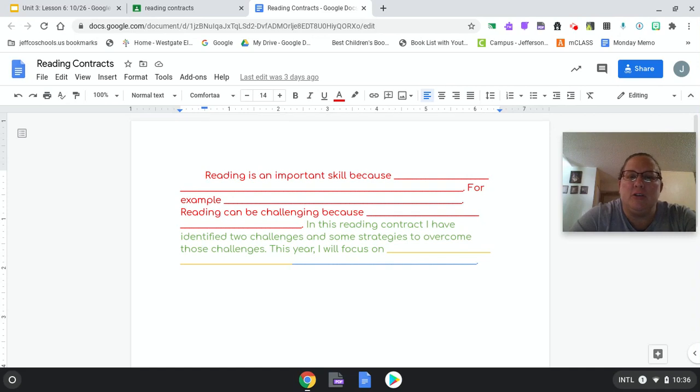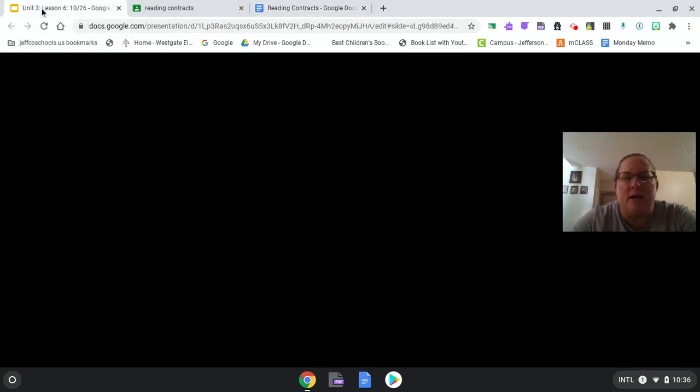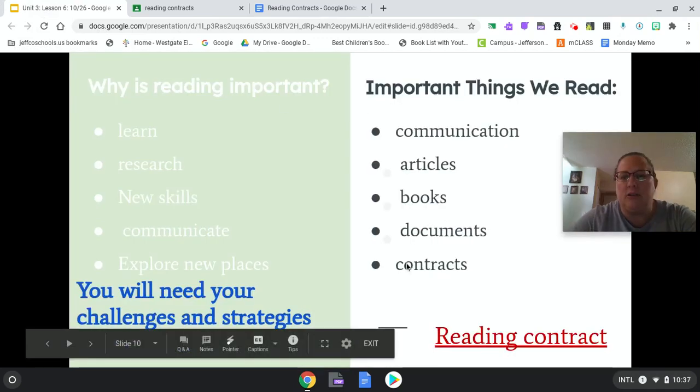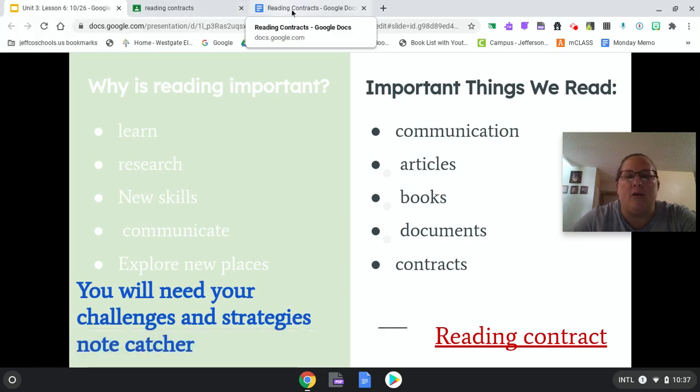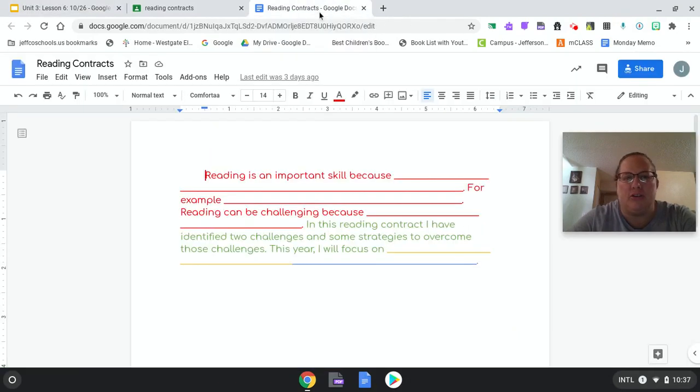So what you're going to do is take this and use some of the things that we used, and you can go back over and look at different things. Because remember, we all have tabs up here on our computer, and as the things we have open, we can flip back and forth and not close anything down. So remember, you should have the lesson open, your reading contract, and then your note catcher.